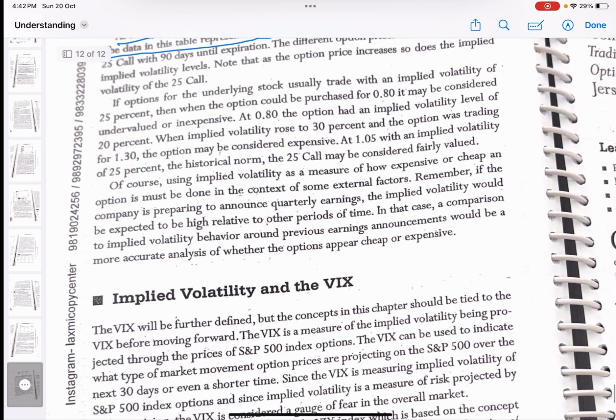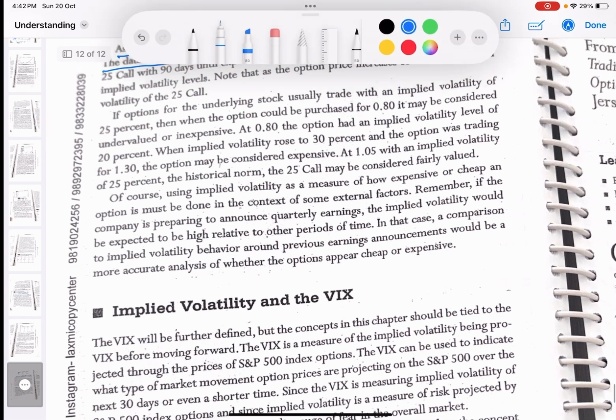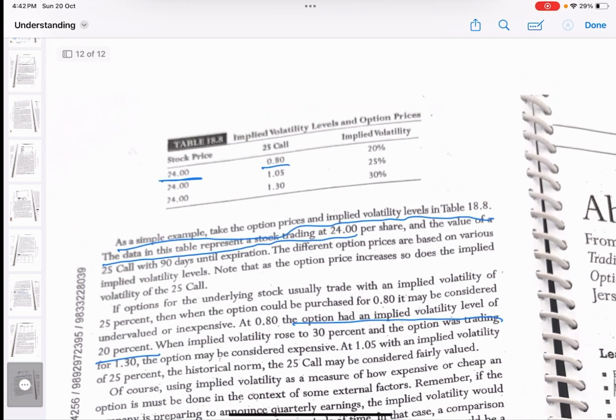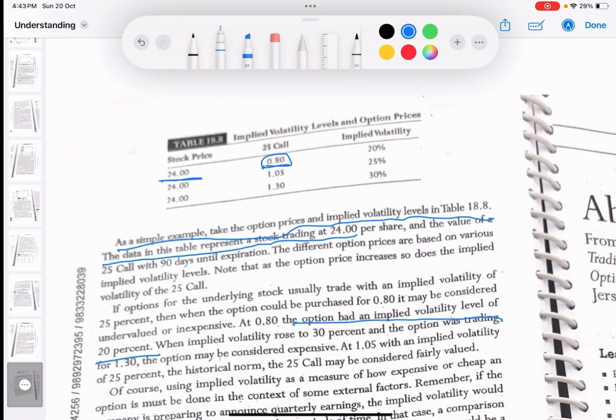If options for the underlying stock usually trade with an implied volatility of 25%, then when the option could be purchased for 0.80, it may be considered undervalued or inexpensive. At 0.80, the option had an IV level of 20%. So you can see when the price of the call option was 0.80, the IV was just 20%. And when the price increased, the IV was even more, which means it's a bit expensive. And finally, when the price is 1.30, the IV is 30%, which means you can assume it to be overvalued or expensive.